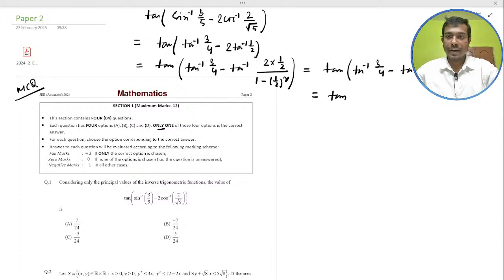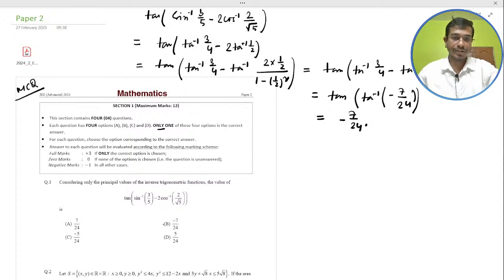This is equal to tan of tan inverse minus 7 by 24. So this will become minus 7 by 24. Option B is correct. Minus 7 by 24. Next, go ahead.